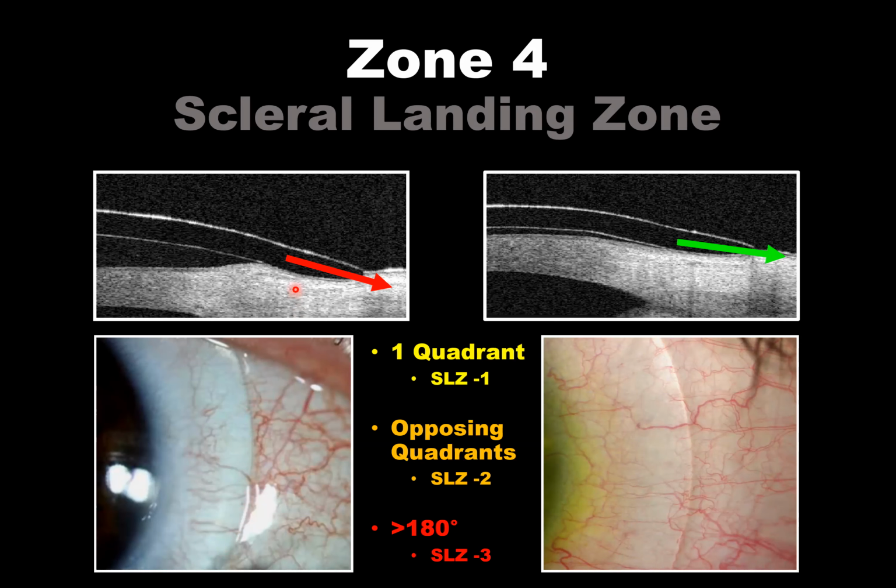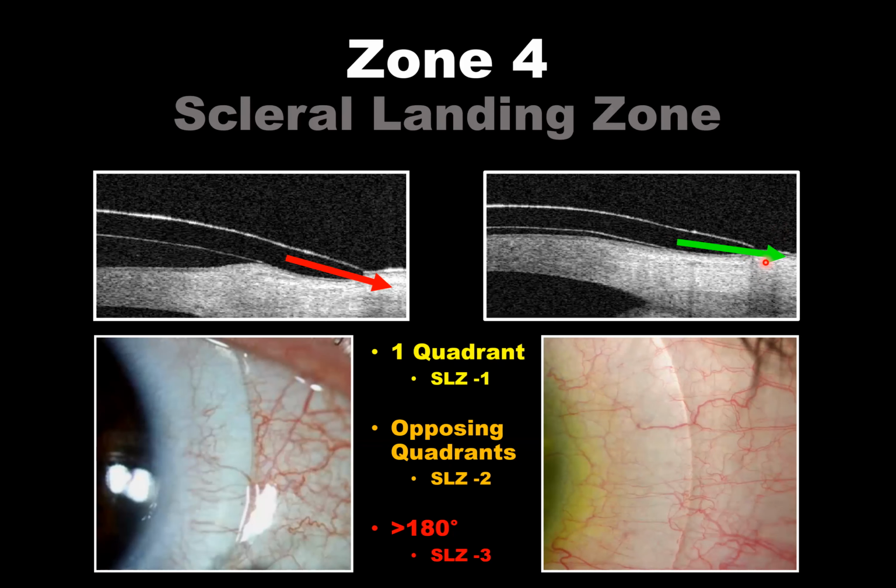So this is where the angle of the zone 4 or the scleral landing zone may be too aggressive or too steep for the underlying surface. The lens is pointing in to the conjunctiva. Whereas what we would like to see is our smart lens matching the angle of the underlying surface to the angle of the lens. So the edge points along the surface, not into the surface, not above the surface.